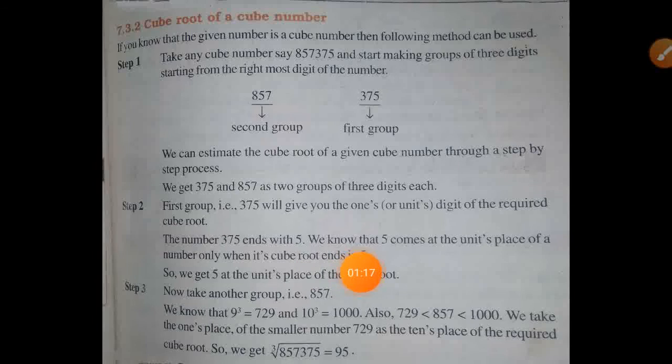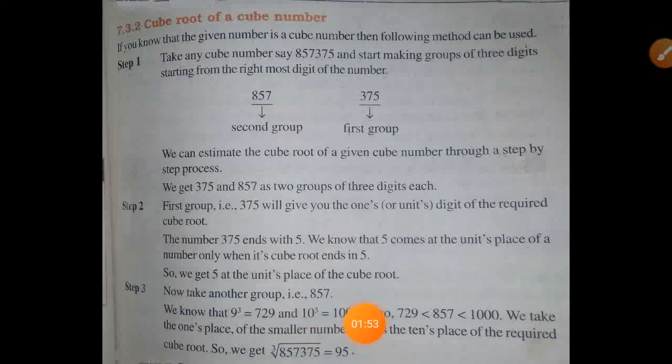We know that 5 comes at the units place of a cube only when its cube root ends in 5. So we get 5 at the units place of the cube root, because in 375 the ones digit is 5. Now step 3. Now take the other group, that is 857. We know that the cube of 9 is 729, and the cube of 10 is 1000.